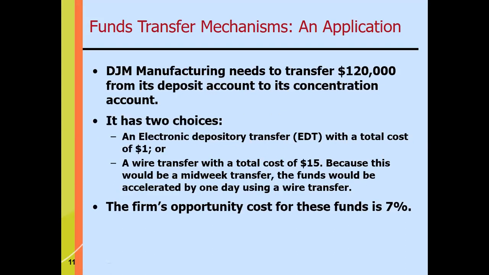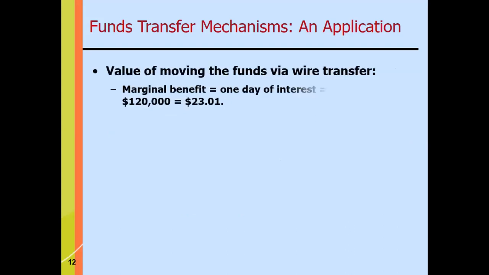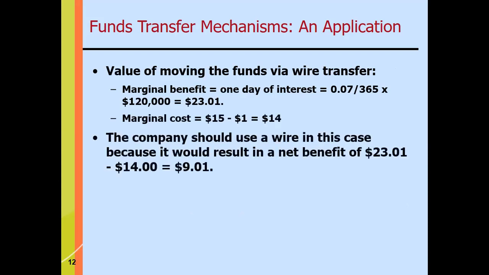If we go back to our problem, we are going to use the wire transfer, and it would accelerate by 1 day despite the increase of cost. So even if there's an increase of cost of $14 from EDT to wire transfer, because the marginal benefit is greater than the cost, therefore we apply the wire transfer.